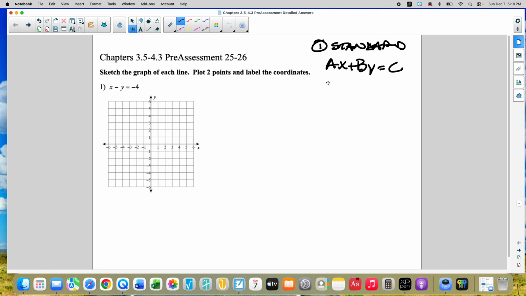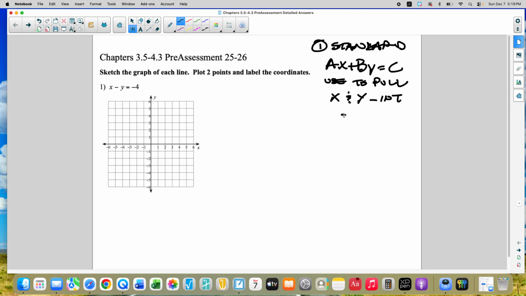But there are some, and we're going to use it to pull the x and y intercepts. And so when we get it in standard form, we're going to easily find the x and y intercepts.